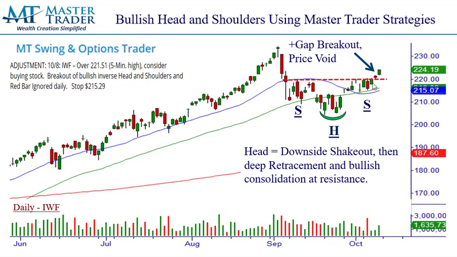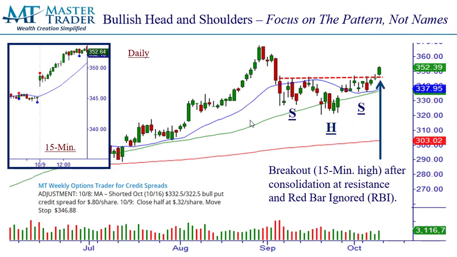We waited until the next day to give it to our subscribers, and it gapped over the entry, which you can see here. This is our swing and options trader. So on anything that gaps over our entry, we give it a 5-minute high. So we're in this. This is an open trade, and this is what we call a price void, and that's critical to the quality of this setup. And that is a beautiful inverse head and shoulders.